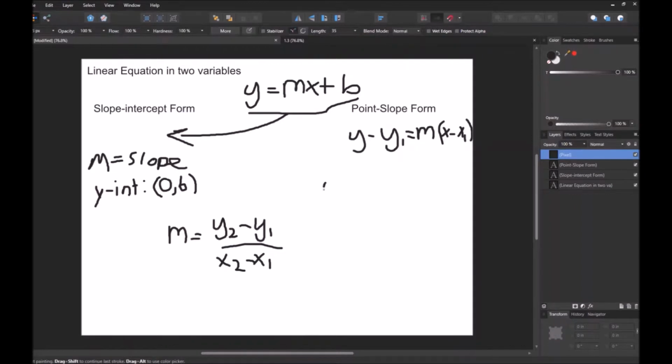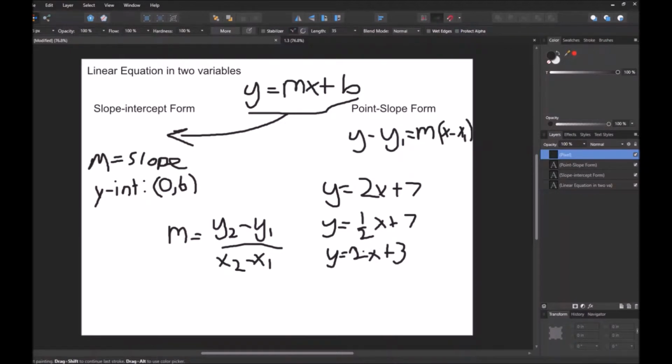So let's say we have y equals 2x plus 7, and then let's say we have y equals 1/2 x plus 7, and then let's say we have y equals 2x plus 3. And you're asked which one of these equations are parallel.